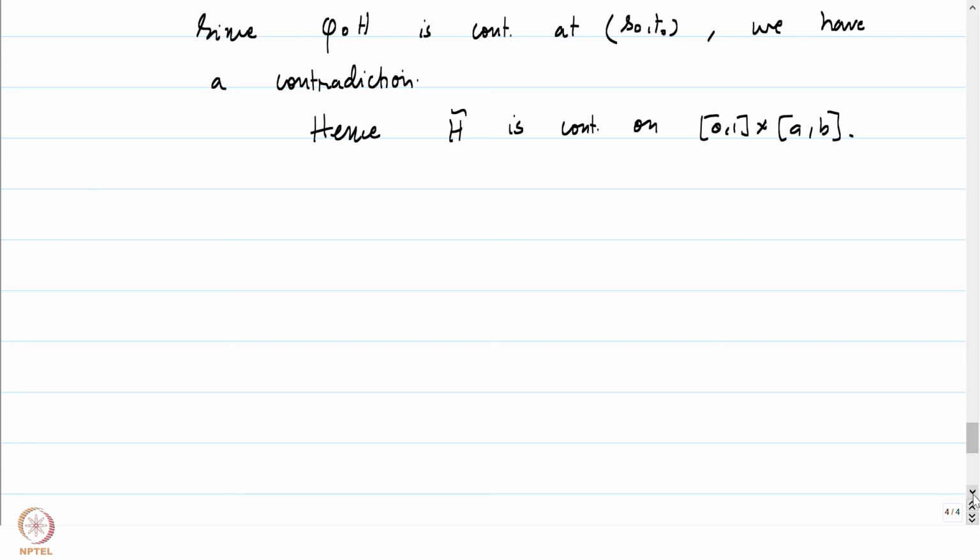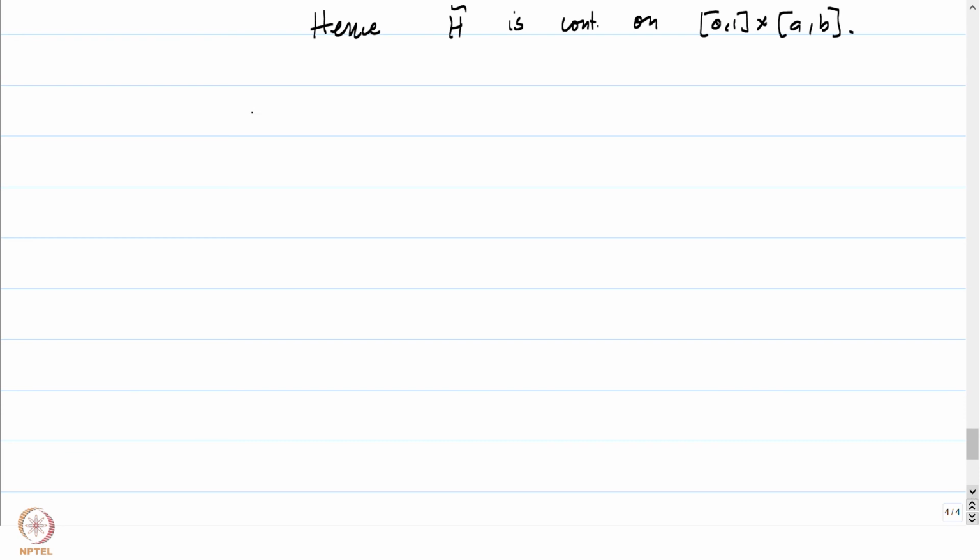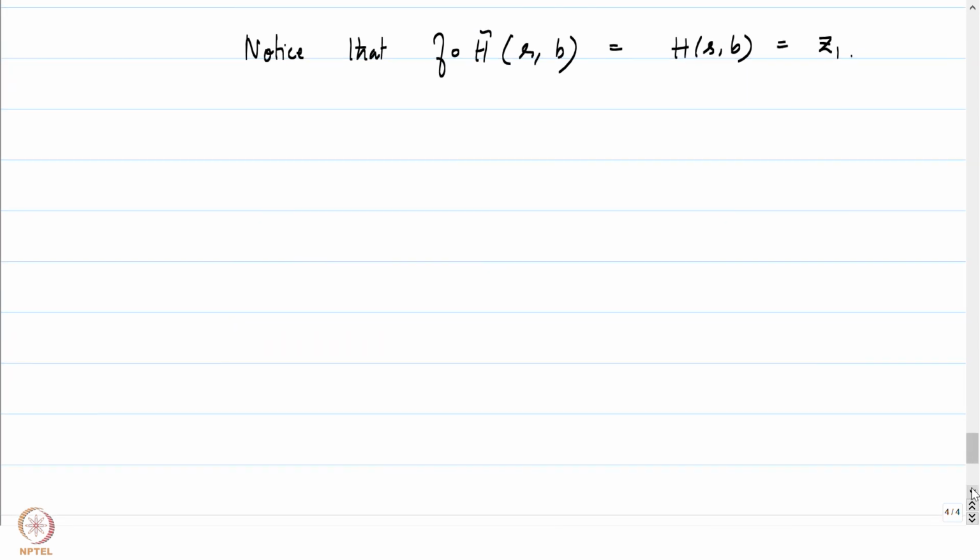homotopy with fixed endpoints. To do that, the simple observation is that H tilde of S comma B, if you compose it with small f, is going to be equal to H of S comma B, and at every stage that's going to be equal to Z1, the terminal point of gamma S. So in particular, H tilde of S comma B belongs to f inverse of Z1.